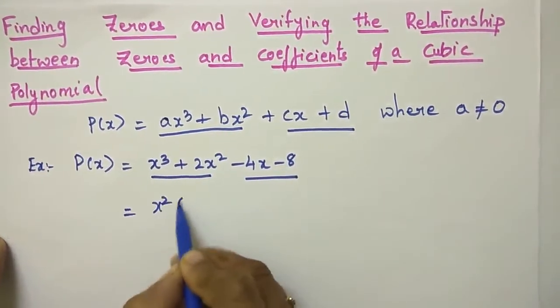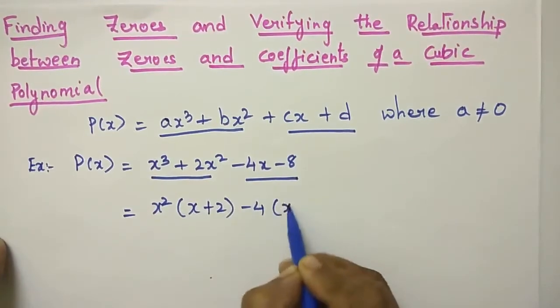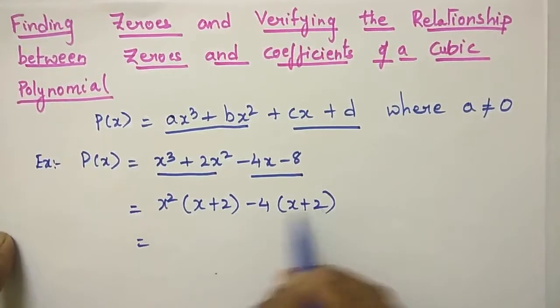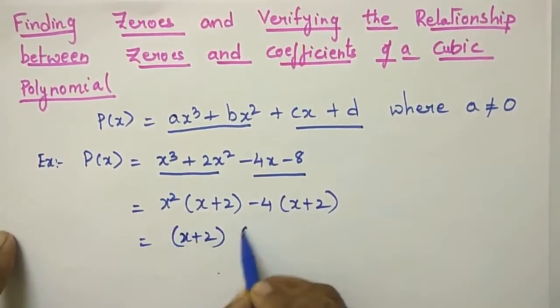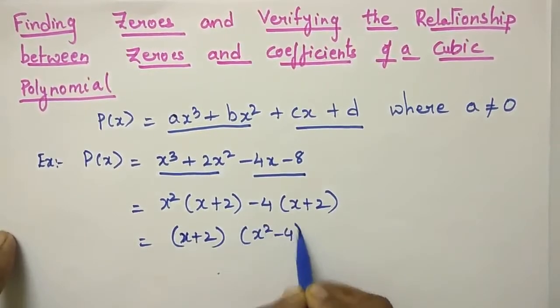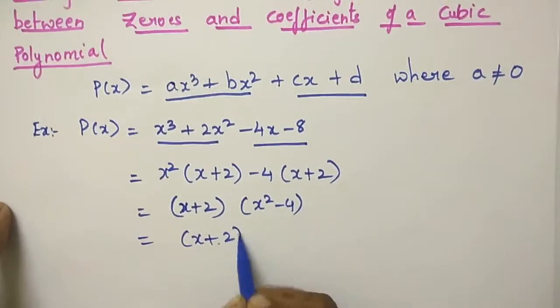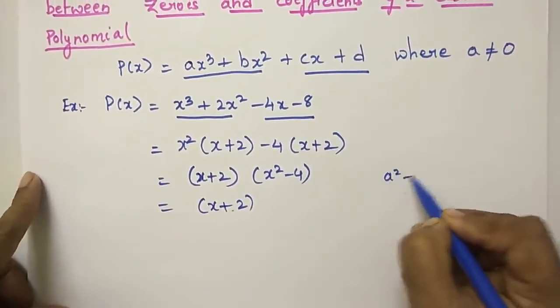Take x square as common, you will get x square into x plus 2 minus 4 into x plus 2. This is equal to x plus 2 common, into x square minus 4. Okay, x square minus 4 is nothing but of the form a square minus b square.